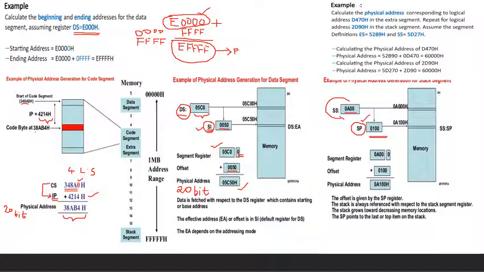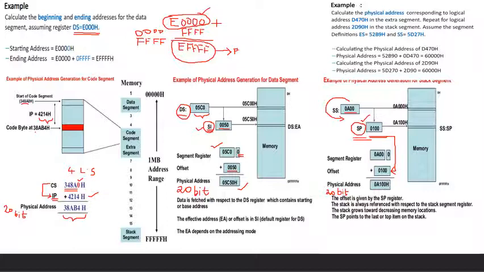After left shifting, the segment register gives A000, which is added with the offset value in the stack pointer. By adding, a new 20-bit physical address is generated. This is how a 20-bit physical address is generated for each and every segment in the memory.